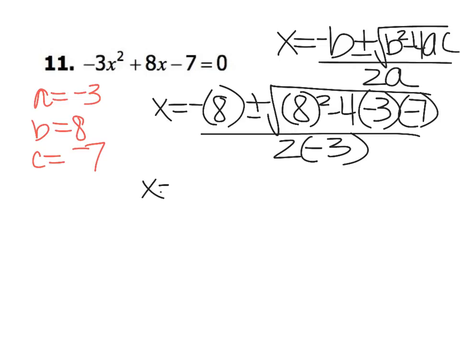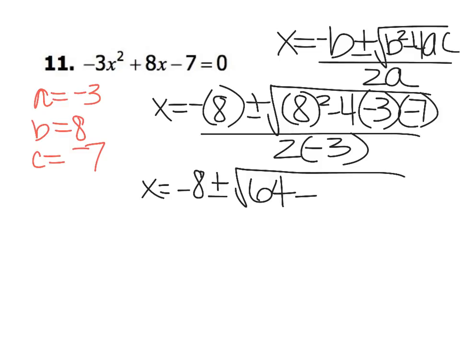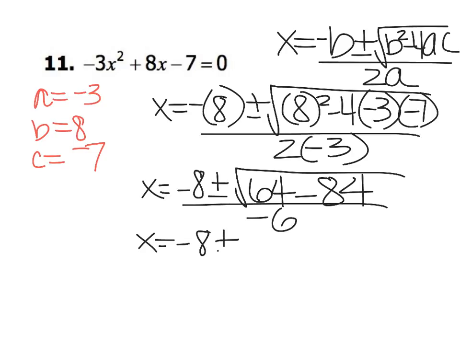So x equals negative 8 plus or minus the square root of 64 minus 4 times negative 3 gives us negative 12 times negative 7 is going to give us 84 all over negative 6. X equals negative 8 plus or minus the square root. Now 64 minus 84 gives us negative 20 over negative 6.